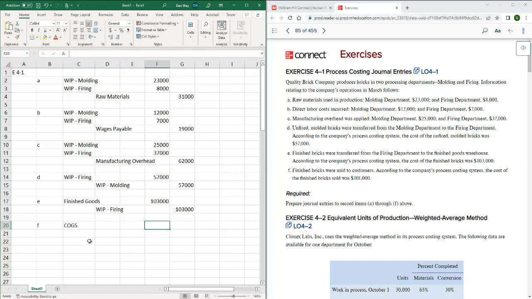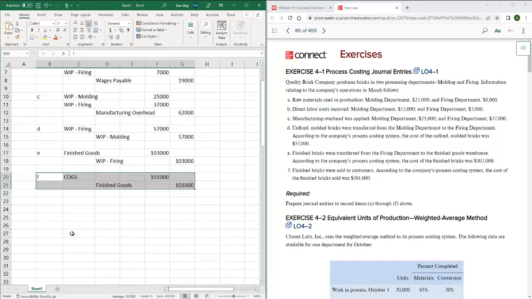We get a debit to cost of goods sold for $101,000, and we get a credit to that finished goods inventory account for the same $101,000. And again, this entry is almost identical to what we'd see in our job order costing system in our previous chapters.